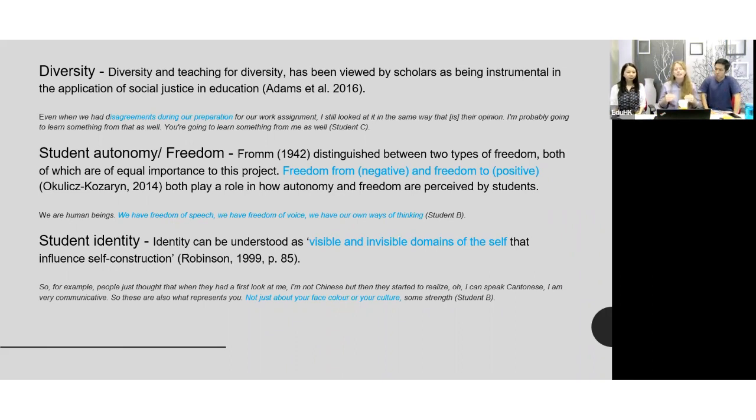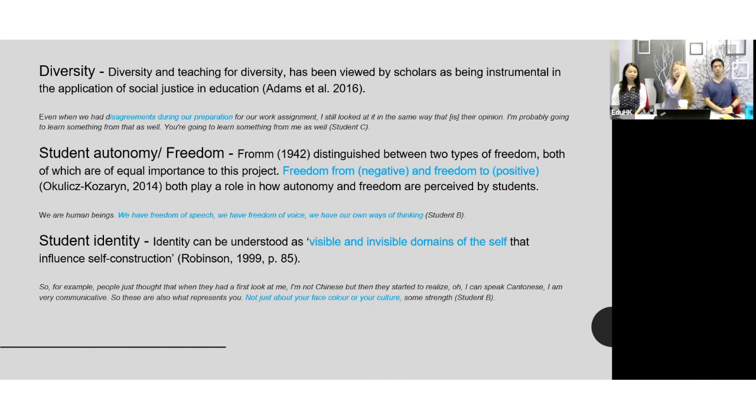Even when you go into a classroom and assume from the physical appearance of students that it's a homogeneous group, diversity can still play a huge role because everybody has different ways of thinking, different beliefs, ideas, and values, even if they appear to be homogeneous. This was probably the most common type of diversity in our project.